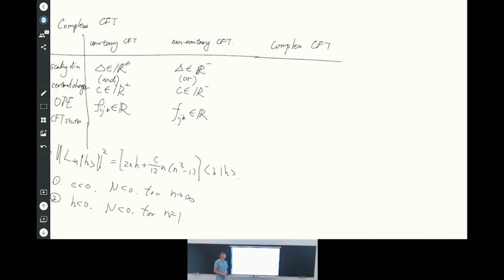And then, because the OPE doesn't exist, you would need to specify all higher-point functions as well, and the scaling dimensions and three-point functions would no longer be enough to specify a non-unitary CFT. Sorry, I didn't hear the first part of your statement. If this is no longer a statement about OPE coefficients, but about three-point function coefficients, then I think everything is consistent. Yeah. Okay, thanks.